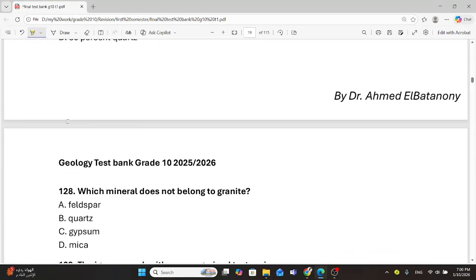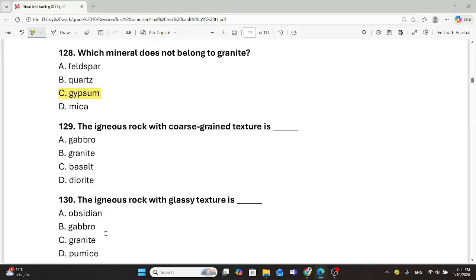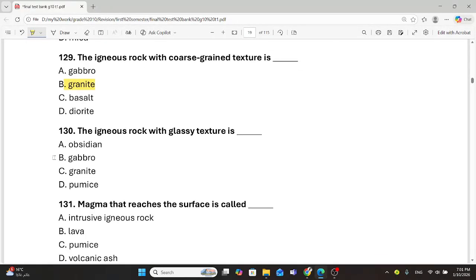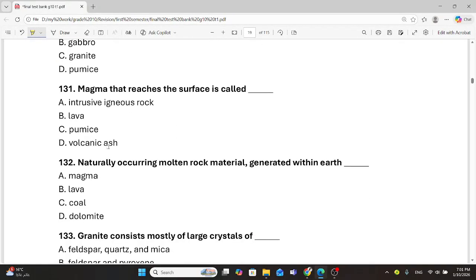Which mineral doesn't belong to granite? Gypsum. The igneous rock with coarse grained structure is gabbro, granite, basalt, or diorite? Granite. The igneous rock with glassy texture is obsidian. Magma that reaches the surface is called lava.